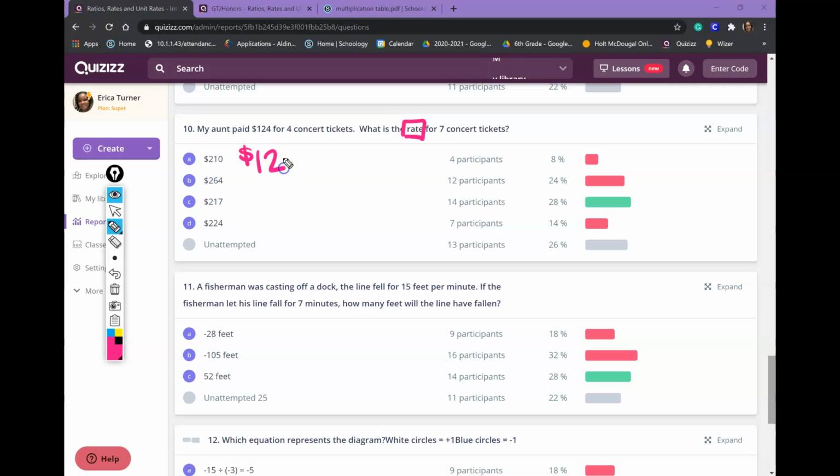I know the price for 4 tickets is $124. I'm going to set that equal to another proportion. Tickets are represented by my numerator. My second proportion is, well, what if I wanted to buy 7 tickets? How much is that going to cost?